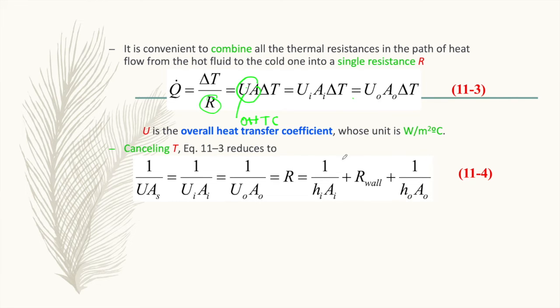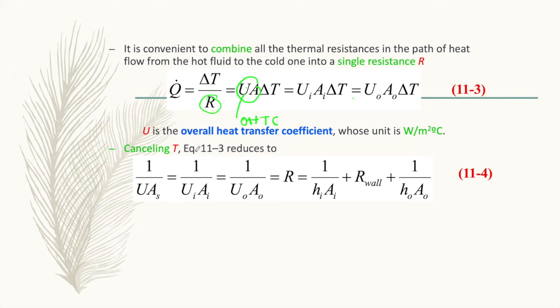Previously we already wrote down the equation for the R total, and this is equivalent to 1 over UoAo and equivalent to 1 over UiAi.